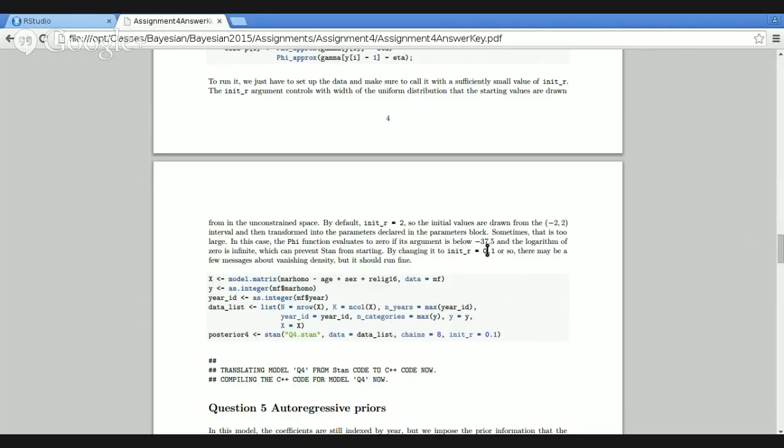So if you had the maximum likelihood estimates, or you had the posterior means from MCMCoprobit or something like that, you could use those as starting values, somewhere in the mode. So that would have been another way to overcome the problem.